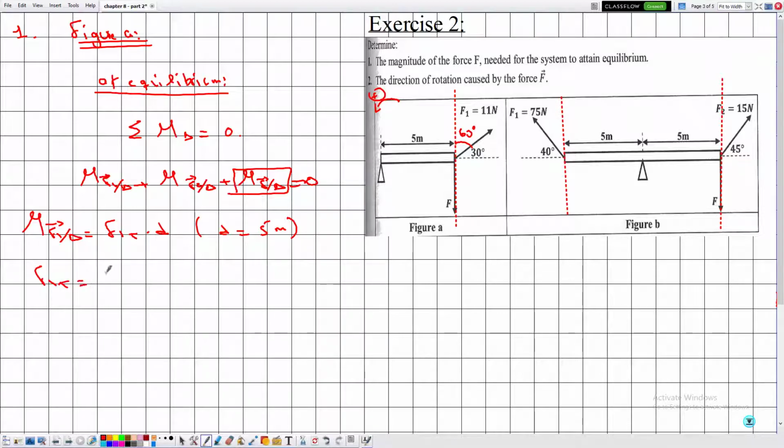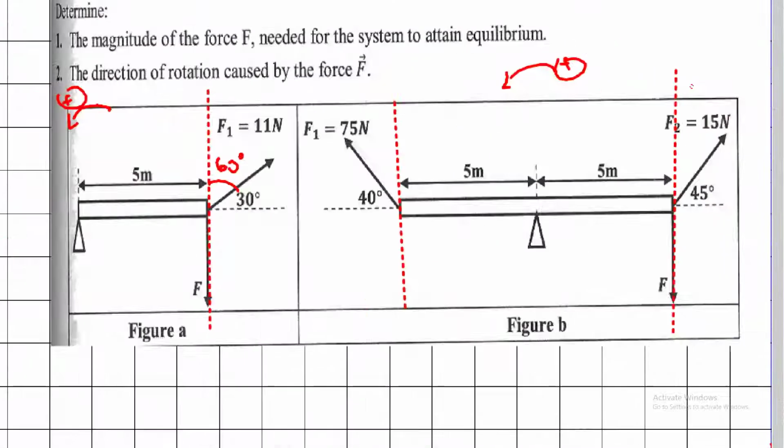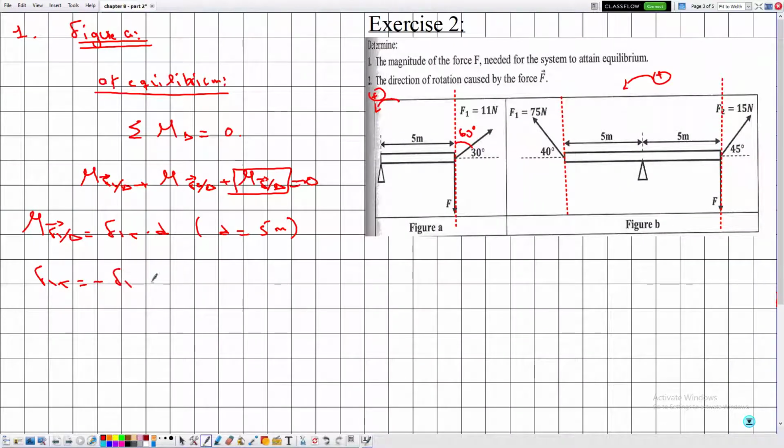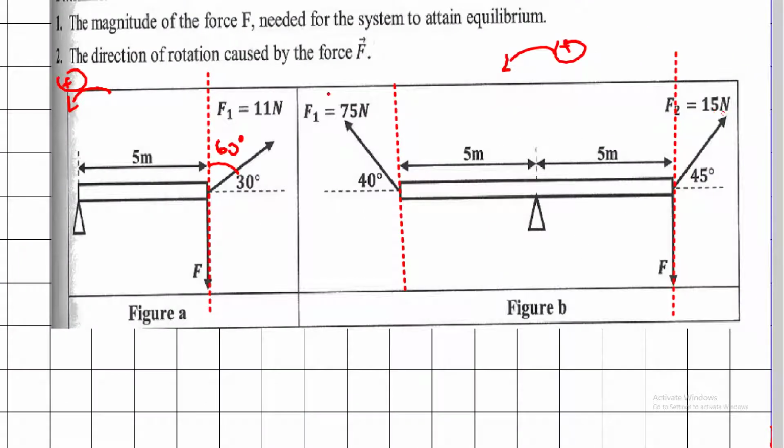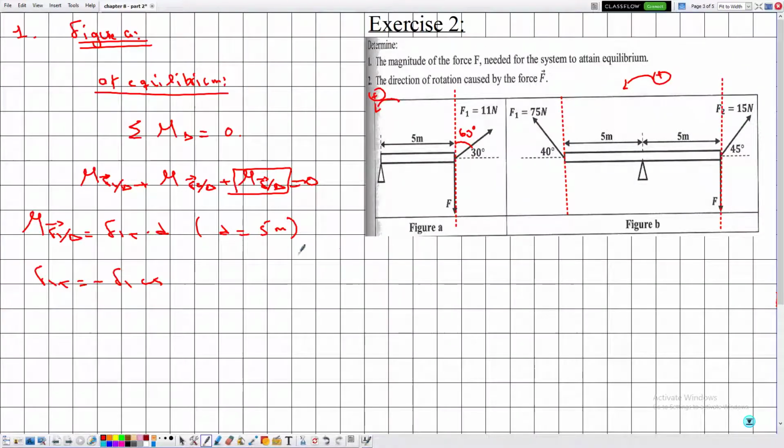F1 tangential is equal to, in this case this is the positive direction, so it will try to rotate the system like this. So this is negative F1 multiplied by the cosine of the angle between F1 and the tangential direction, which is 50. So in this case the moment of F1 on the axis delta is equal to minus F1 cosine 50 multiplied by D, which is equal to minus 75 multiplied by cosine 50 multiplied by 5.